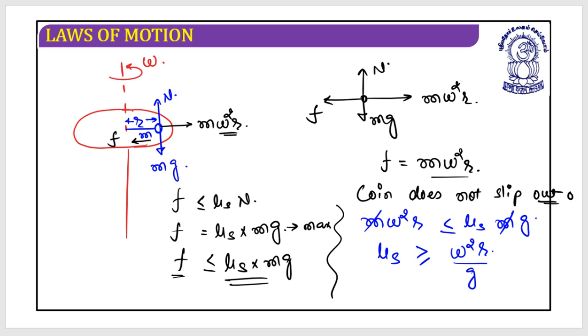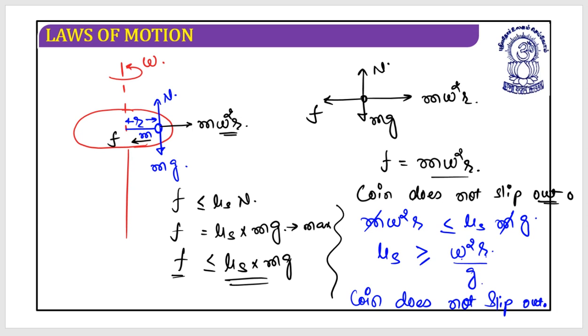If this can be done, coefficient of static friction greater than or equal to omega square r by g, the coin does not slip out. This is for sure, this coin is not going to go anywhere.